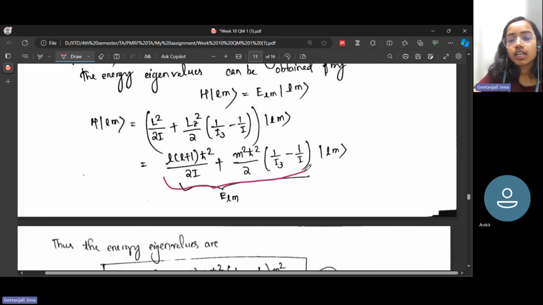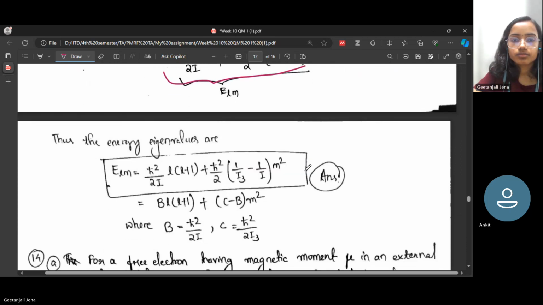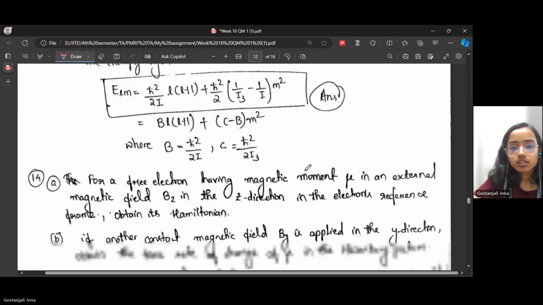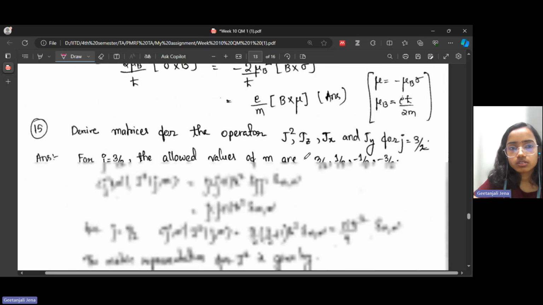So this is the energy eigenvalue for this system. Okay, so let me solve this last question.